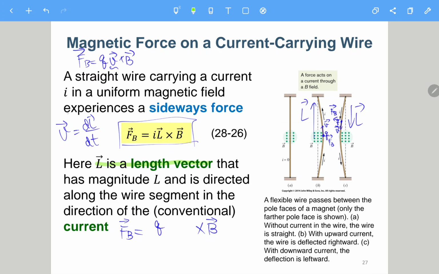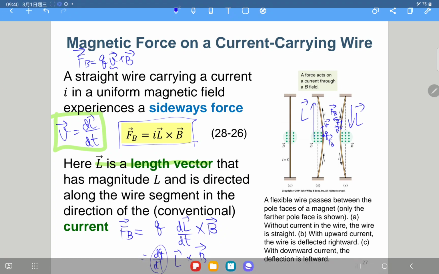Okay, so we have this one. So we can just make it like dl/dt. Okay, but actually if L doesn't change, we can just make it like something like a dq/dt, and then L cross B, something like this.